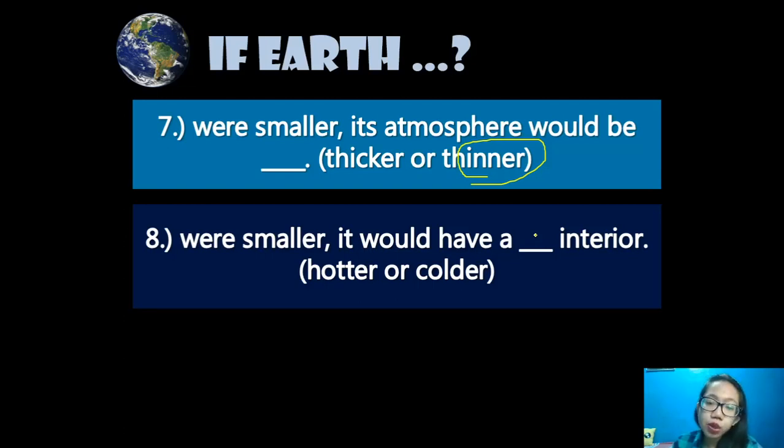Okay, number 8. If Earth were smaller, it would have a blank interior, so hotter or colder. Okay, so this is quite a tricky question. I want you to think about it like this. You baked a cookie and a cake. Imagine if you brought them out from the oven, which one would cool faster?